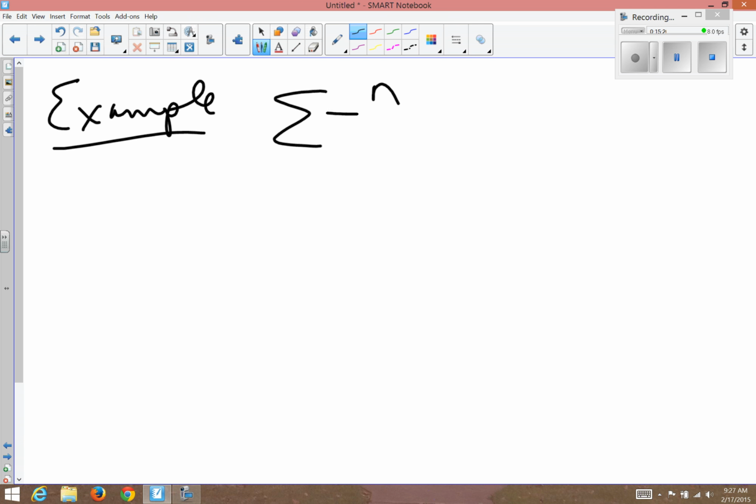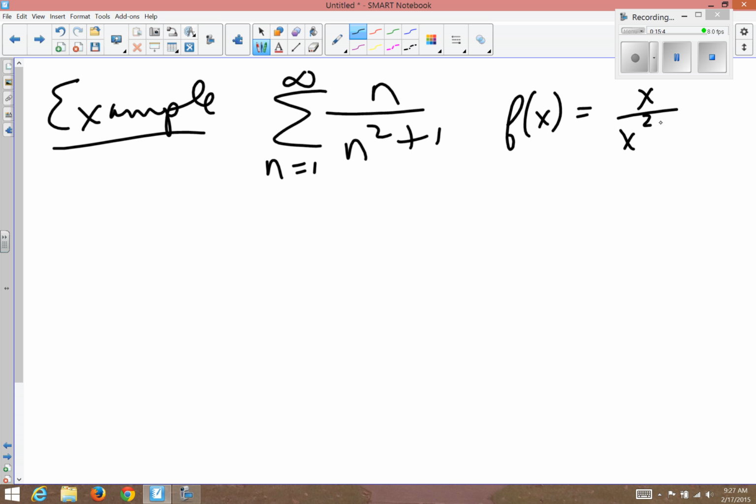Sigma n over n squared plus 1, n going from 1 to infinity. To apply the integral test, we first note on a calculator, possibly, that the function x over x squared plus 1 is continuous, positive for these x values from 1 to infinity, and it has to be a decreasing function.